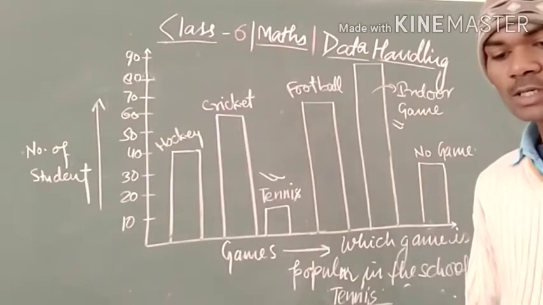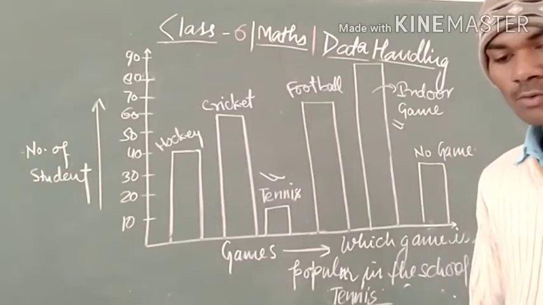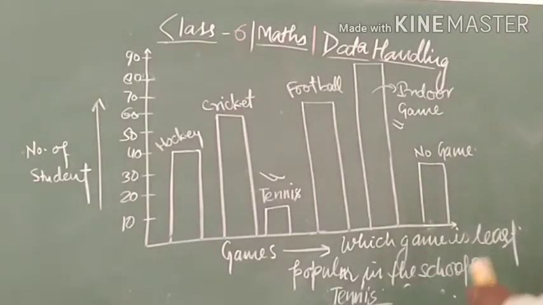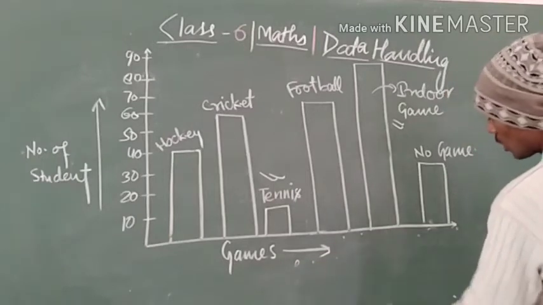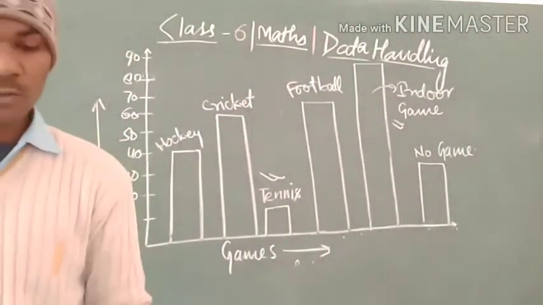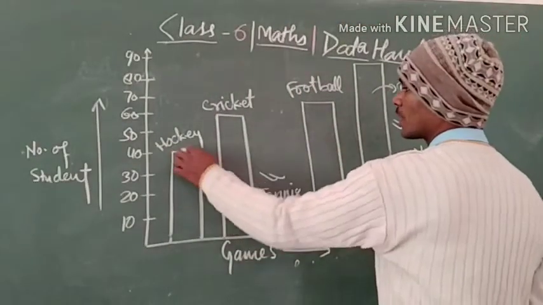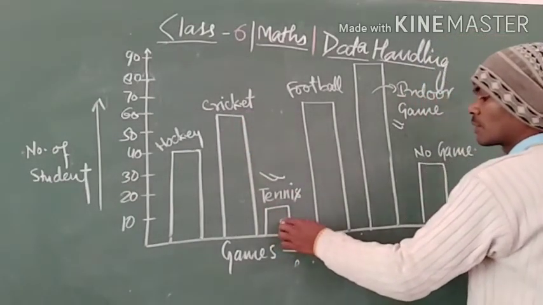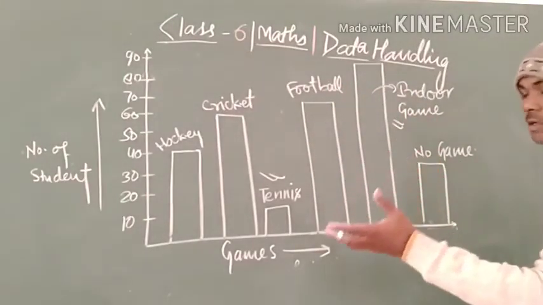If each student is allowed to enroll for only one game, then find the number of students in the school. So here we can see that 40 students like hockey, 60 students like cricket, 10 students like tennis, 70 students like football, and 90 students like indoor game.